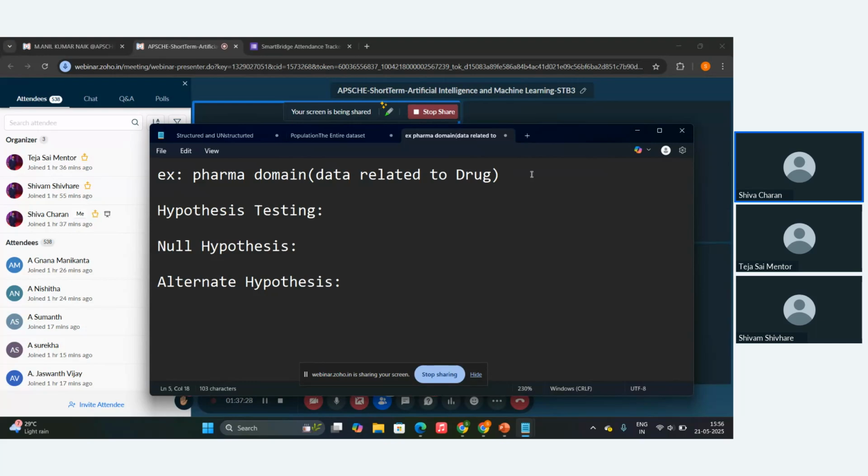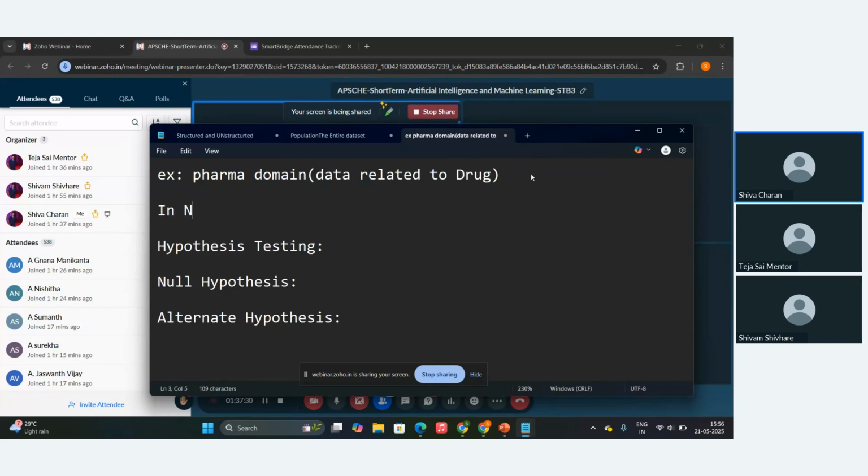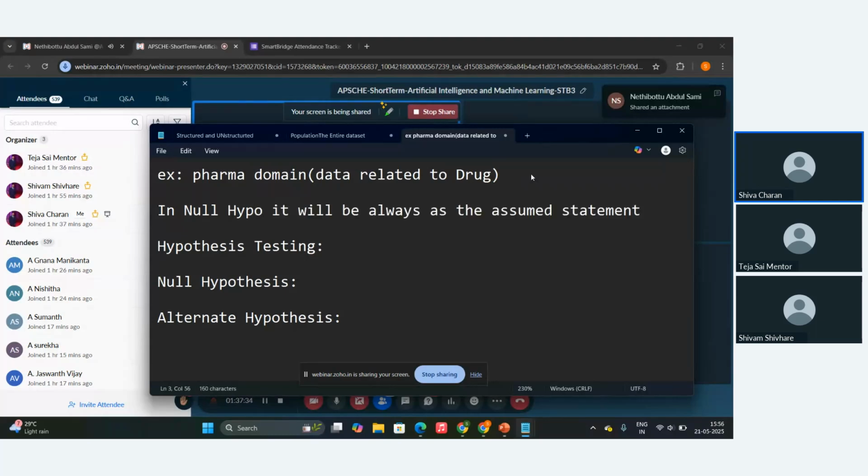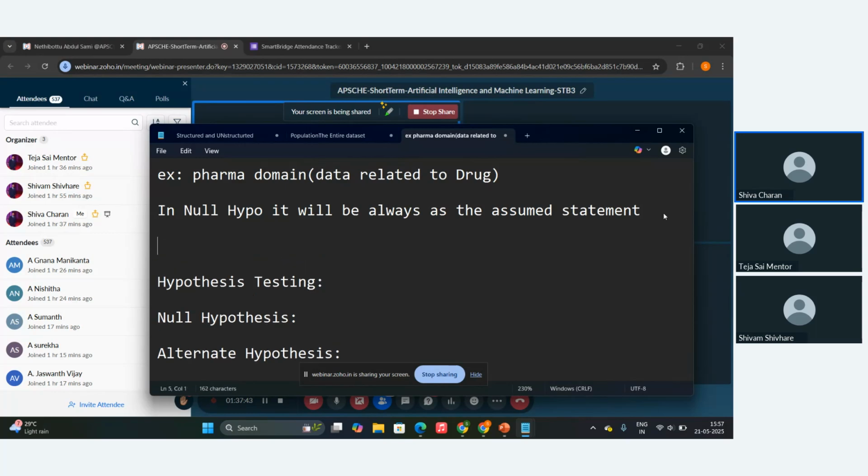Let me write it: null hypothesis will always be the assumed statement. Let's say the assumed statement is the drug works good, or the drug is working good.